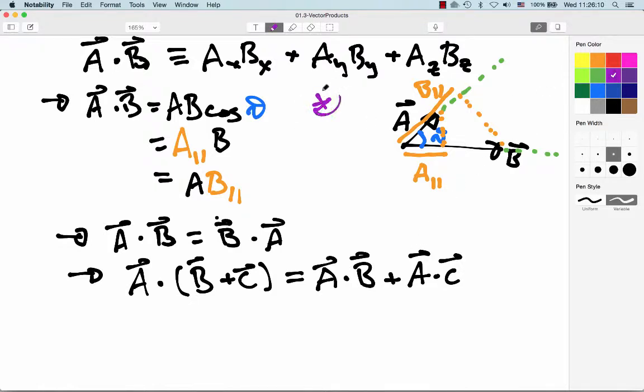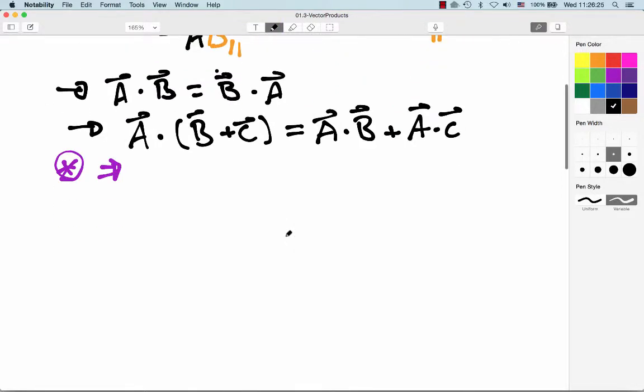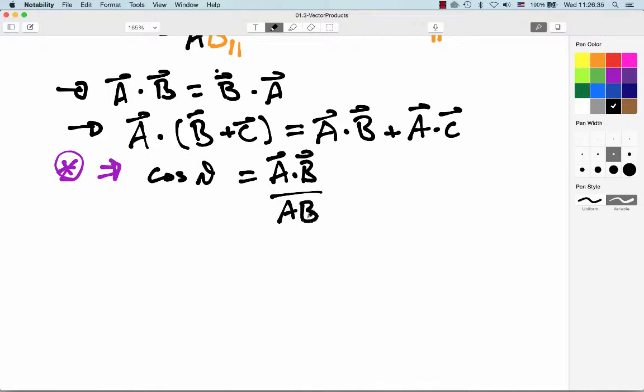And if we take a look at this a little more, we can tease out the angle between the two if we need to. That gives me that the cosine of theta is equal to the dot product over the scalar product of the magnitudes.